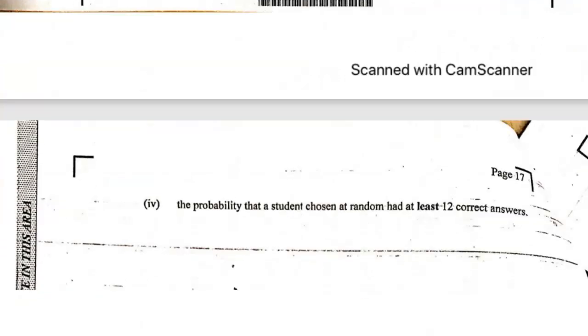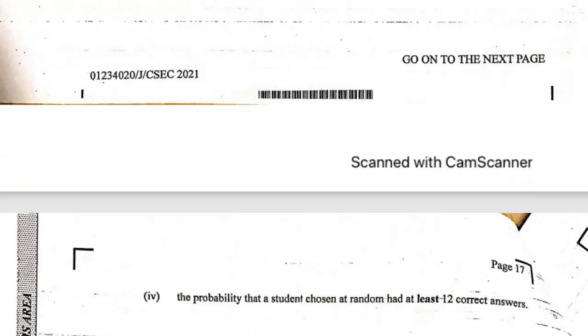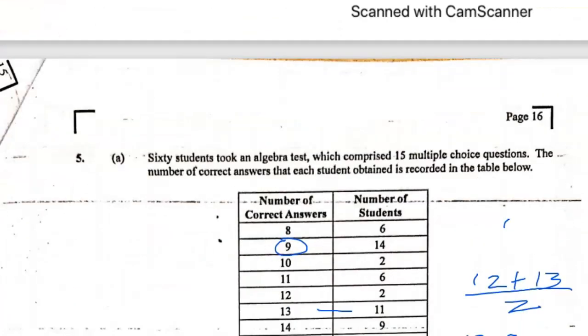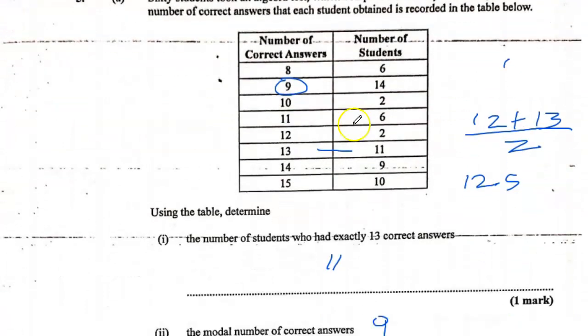Next, the probability that a student chosen at random had at least 12 correct answers. What does at least 12 mean? At least 12 means 12 or more. Let's go back to the table. So it will be from here down.